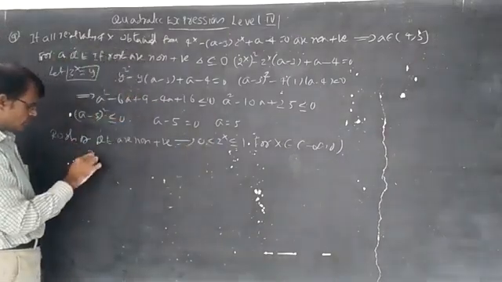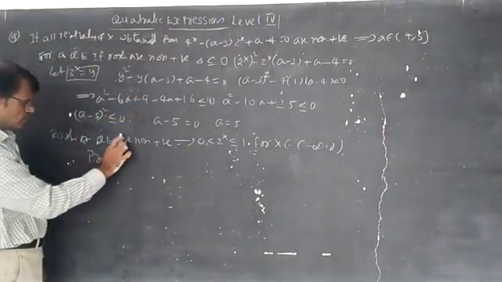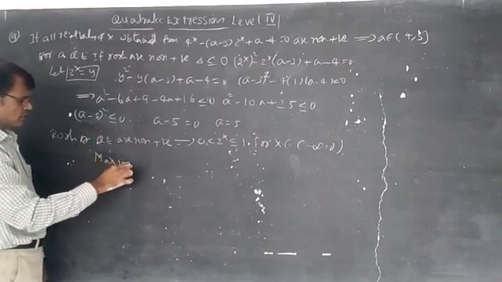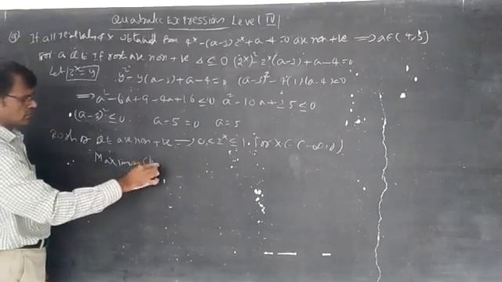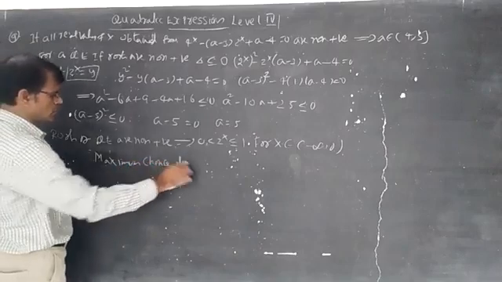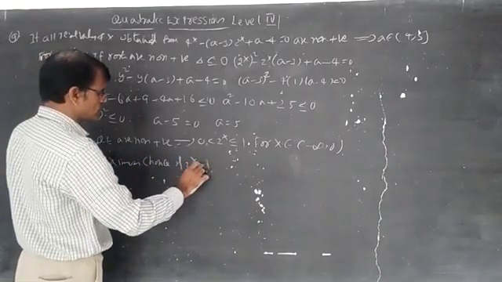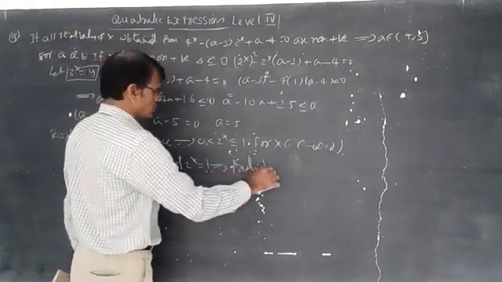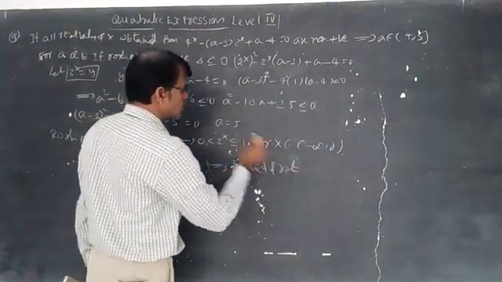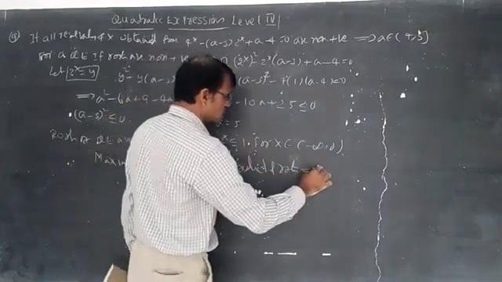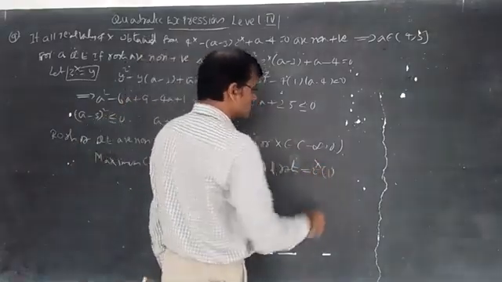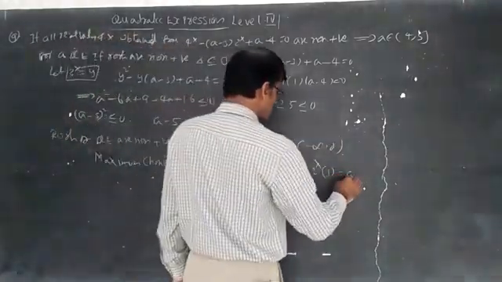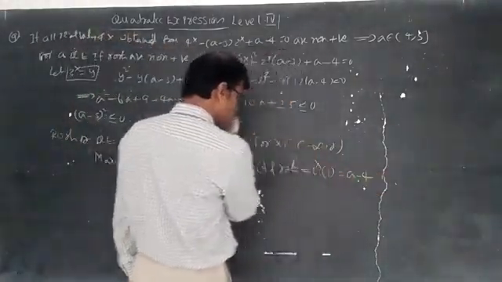So the product of roots, the maximum chance of 2 power x is equal to 1. That implies the product of roots is equal to 2 power x into 1; maybe 2 power x is any value. 2 power x into 1 is equal to a minus 4.